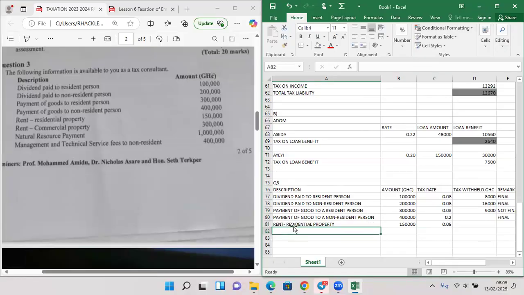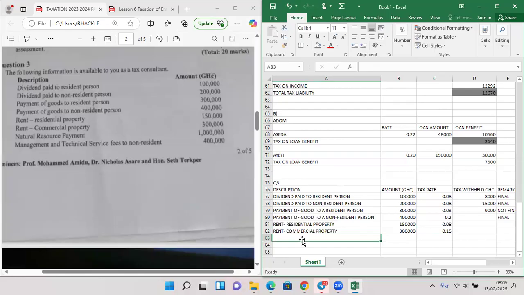Then rent, commercial property. The amount here is 300,000, and its rate is 15%.